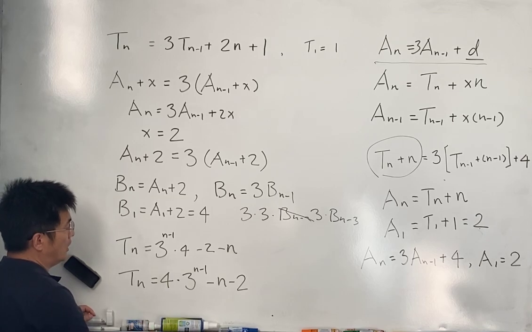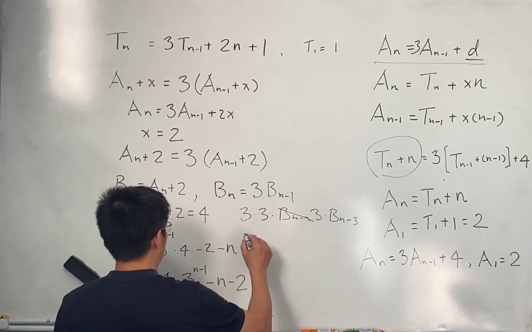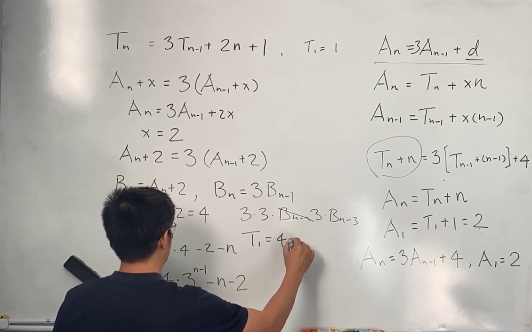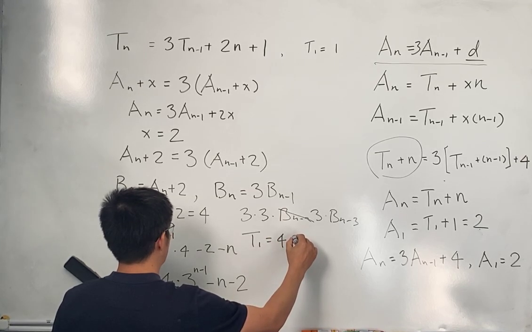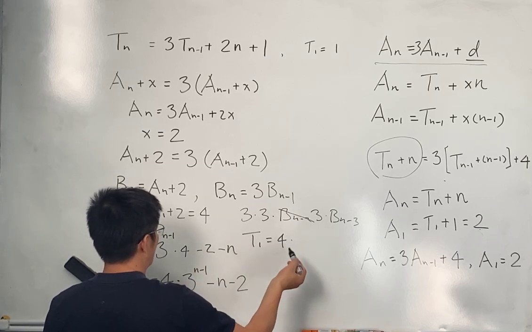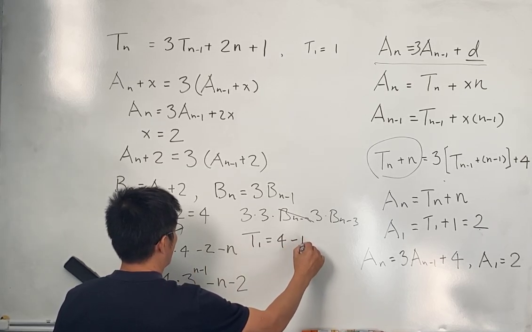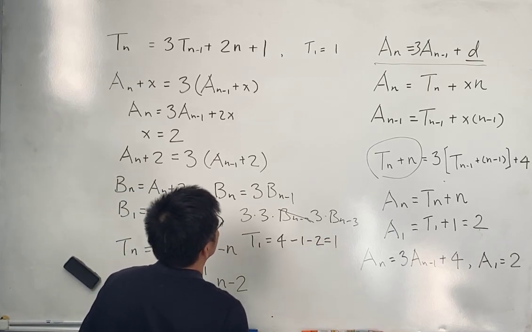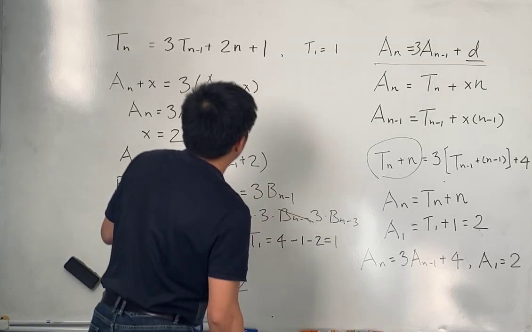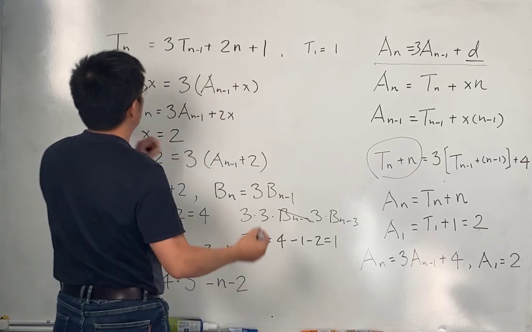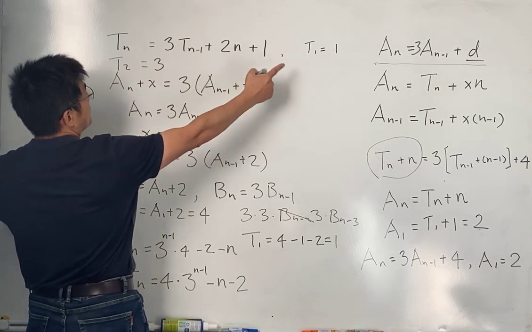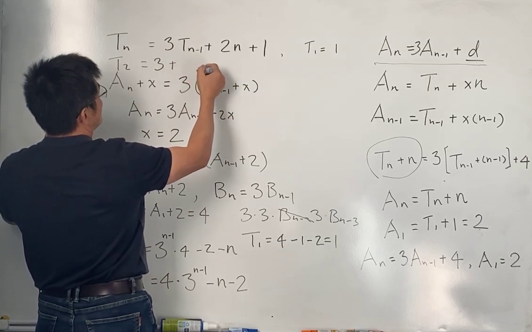So let me try 1. If I say t sub 1, then that would be 4 times 3 to the power of 0, that's 1, so minus 1 minus 2, is 1, right? And try 2. Because we know what that is, we can try t sub 2, which equals 3 times 1 plus 4, because this is 2.